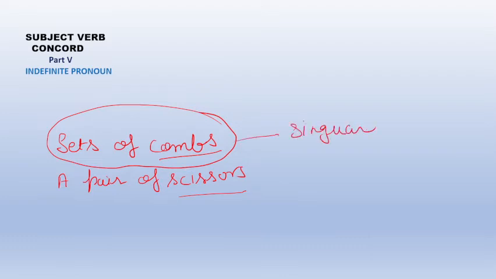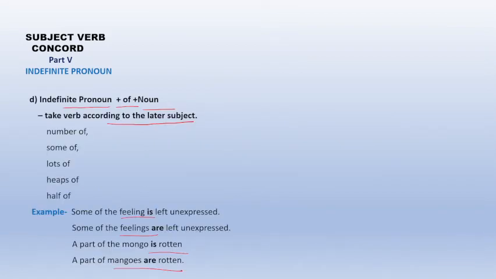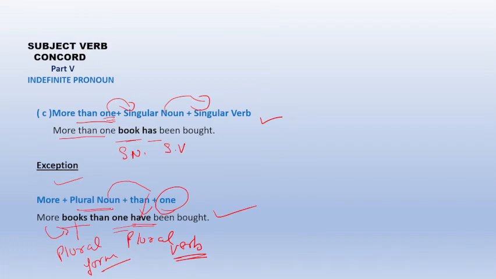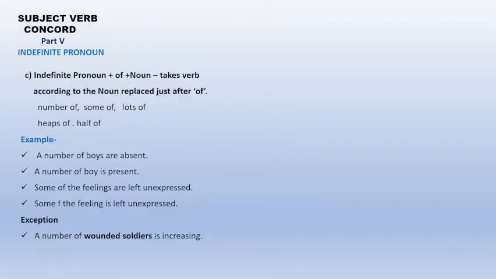But here, don't get confused, because both of the sentences look the same: sets of forms, a pair of scissors, and here a number of boys and a number of boy is present.